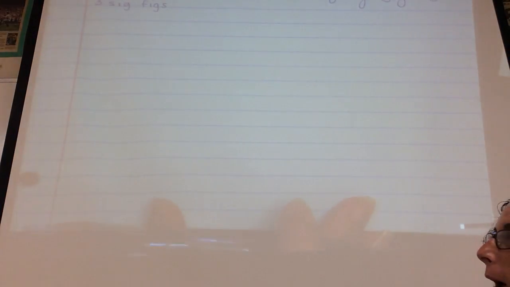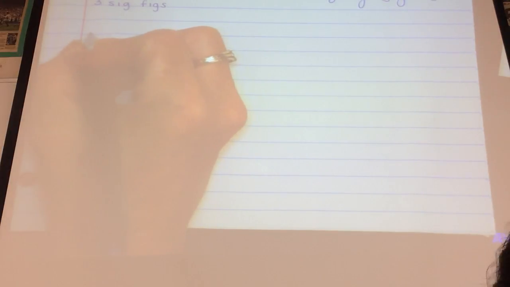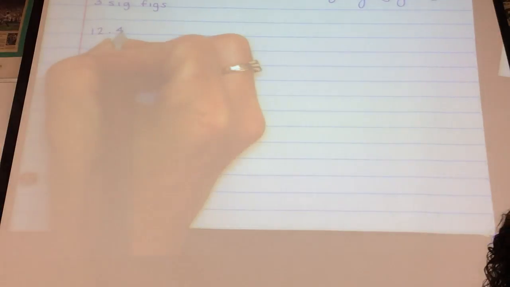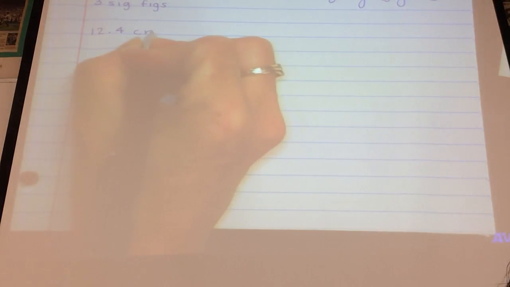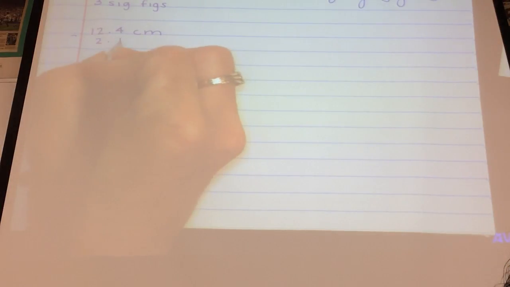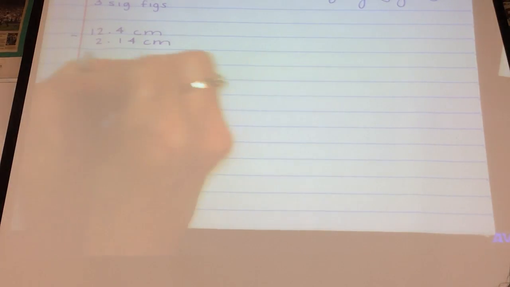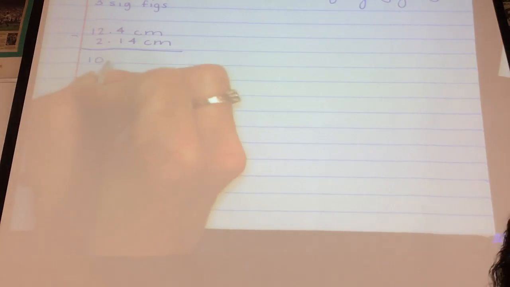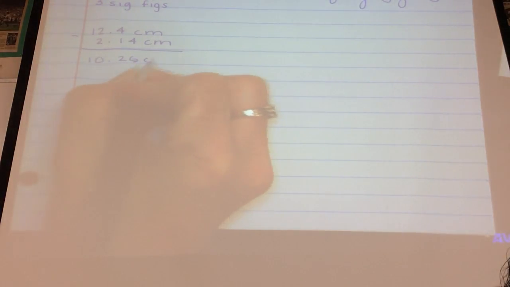Sometimes on these problems it is easier to write vertically. It's just not always easier to type. I'll show you in the next problem. You have this on your paper, 12.4 centimeters, and from that you will subtract 2.14 centimeters. When you initially do the math, you have 10.26 centimeters.